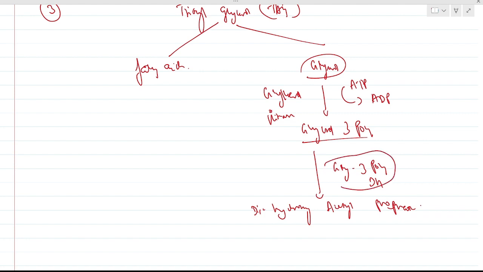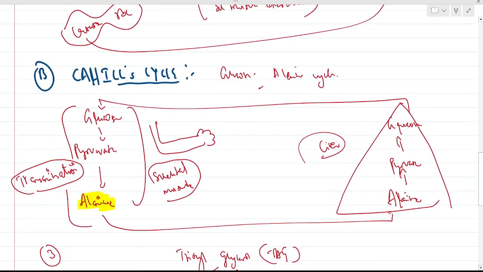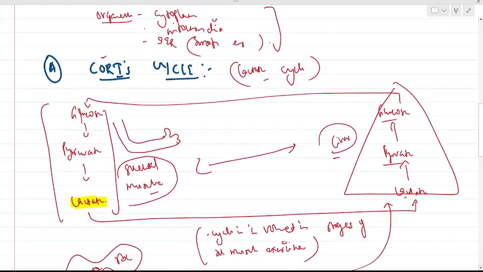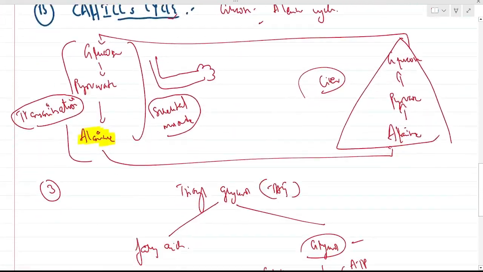This compound will enter into gluconeogenesis. This is how the glycerol part of fat enters into the gluconeogenic pathway. This is not a very important part. Remember, these two cycles are most important to remember: Cahill cycle and Cori cycle. Cori for lactate, Cahill for alanine.